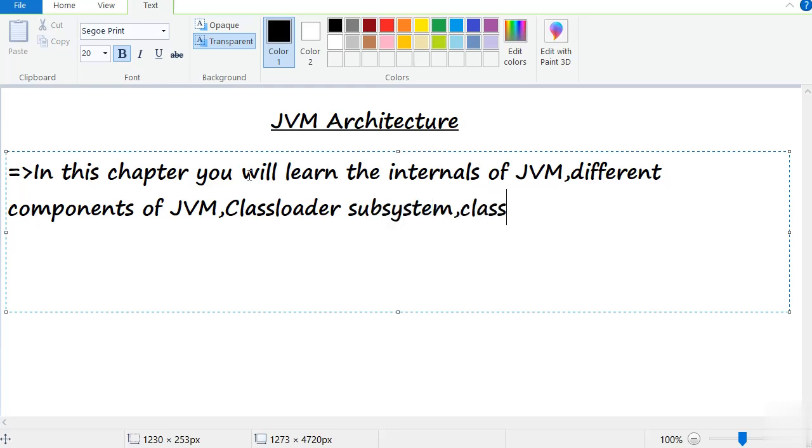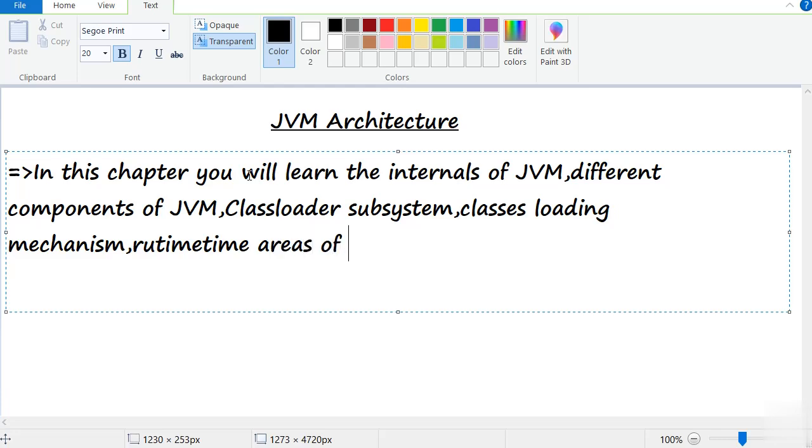And we will see the class loading mechanism, how our class is loaded inside JVM, and we will see runtime areas of JVM, and the execution engine and JNI, Java Native Interface.